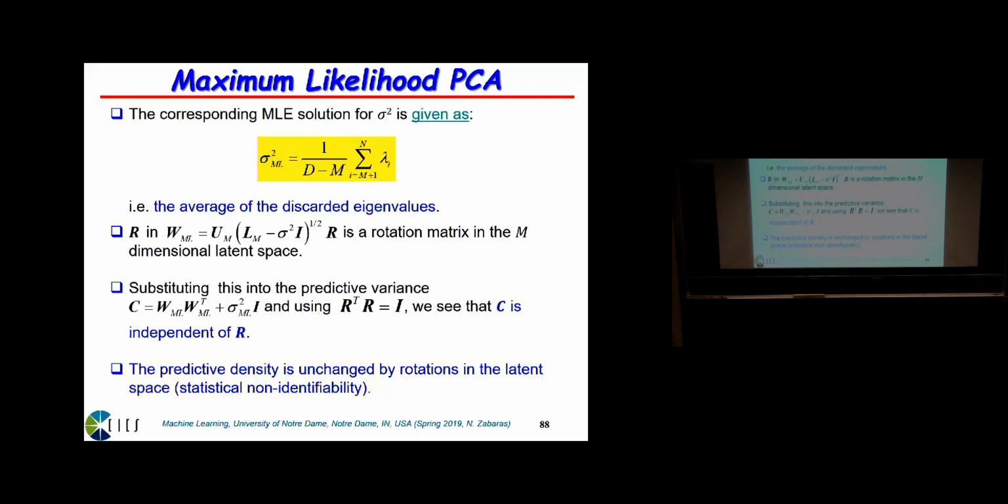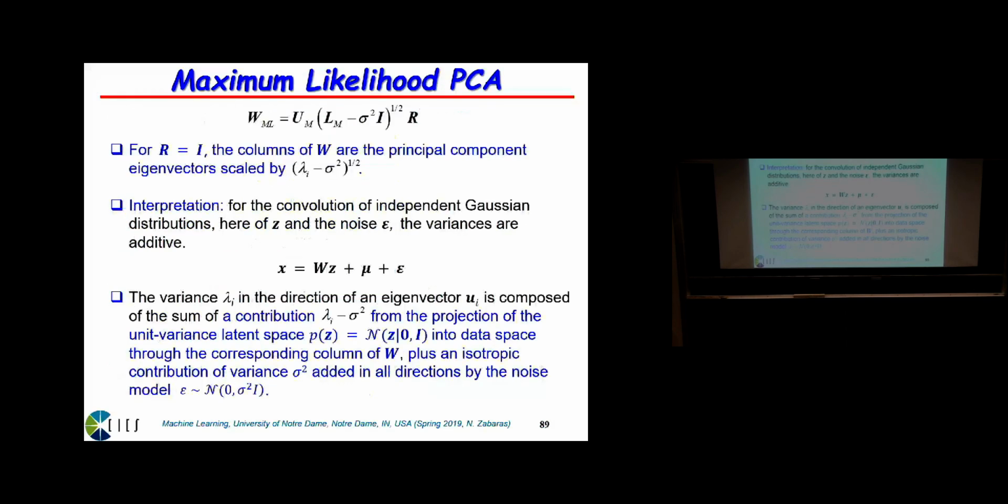So this is basically the error that you make in the approximation using the latent representations, the projected points, in both criteria. So here it comes out that this summation is related to the noise in the probabilistic version of PCA. All right? So sigma squared comes to be 1 over the average of the discarded eigenvalues. All right?